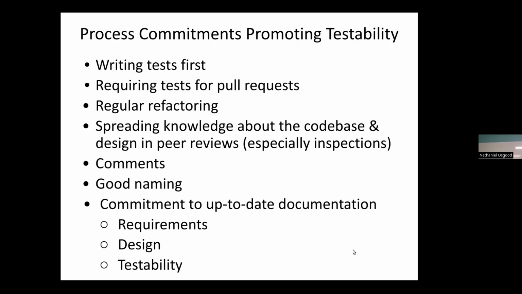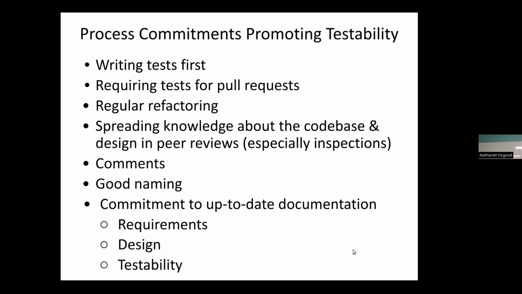Writing tests first, requiring tests to be in place for pull requests, right? Regular refactoring of your system, dividing it up into modular units that can individually be tested rather than large hairball segments of code, which don't have a lot of boundaries where you can test certain properties of the system.